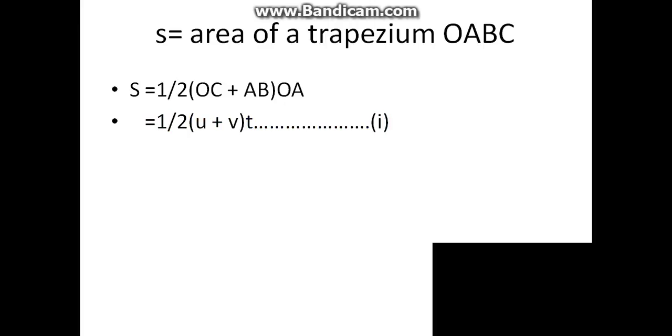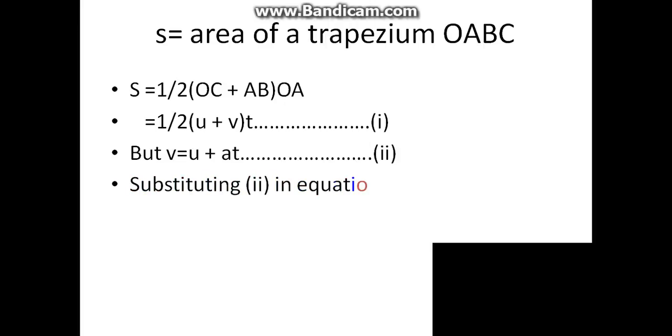So s is equal to half in bracket (OC plus AB) close bracket times OA, which is equal to half (u plus v) times t, equation I. But we know that our final velocity v is equal to initial velocity plus acceleration times time, which is our equation 1, equation II.